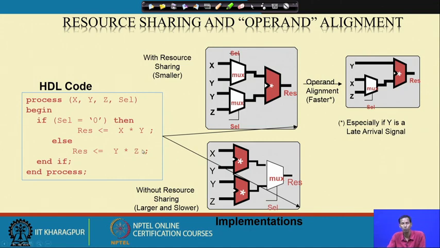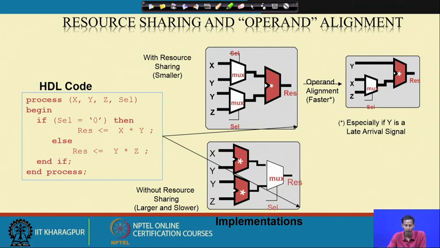Instead of doing that, from this particular code, in the multiplications x star y and y star z, this y is common. So, can I do something so that I can reduce the area more?